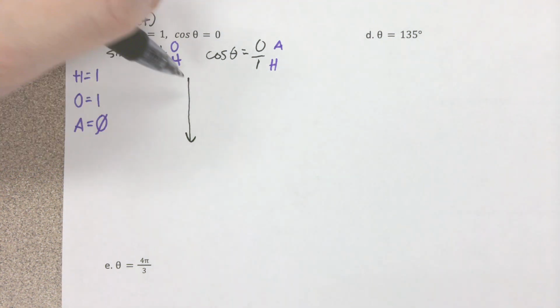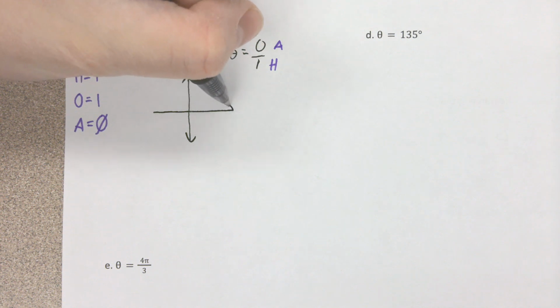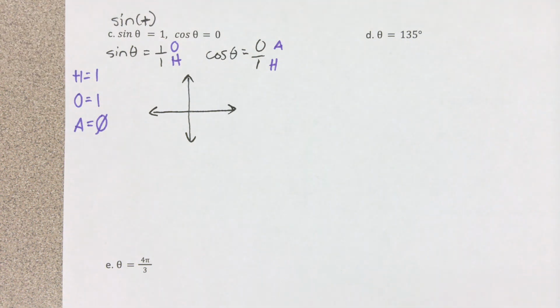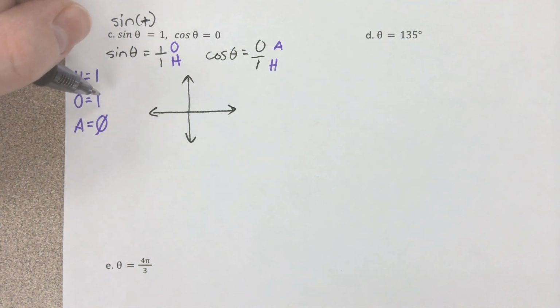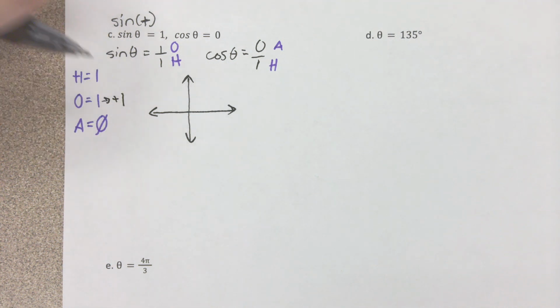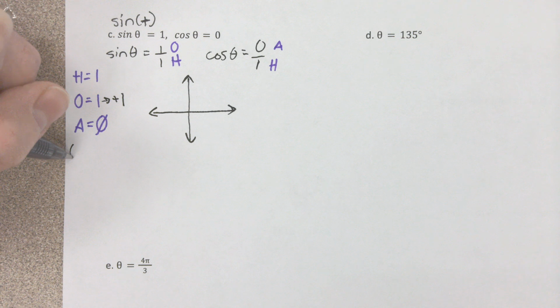So let's make our little graph here. If O is 1, specifically it's positive 1, and this is the vertical side.